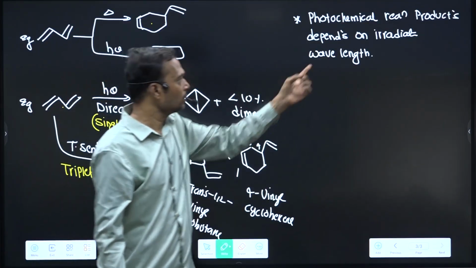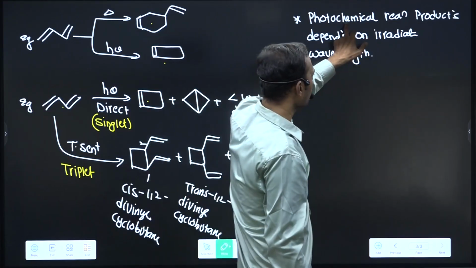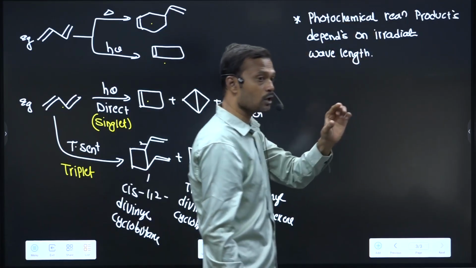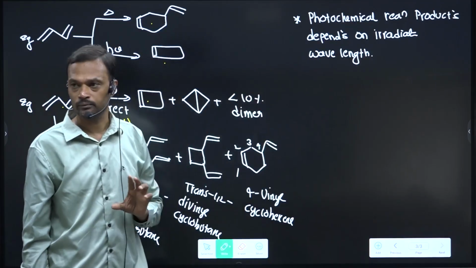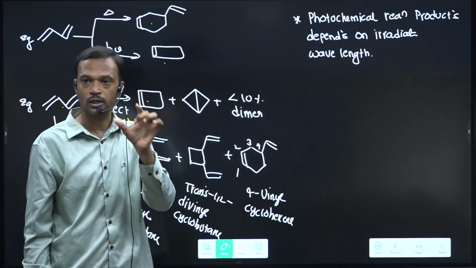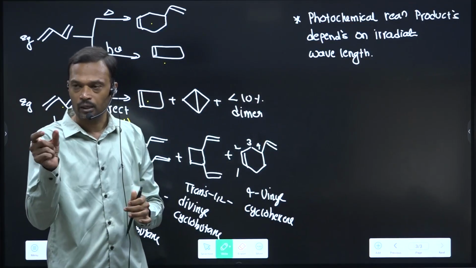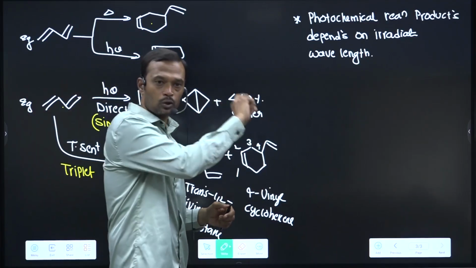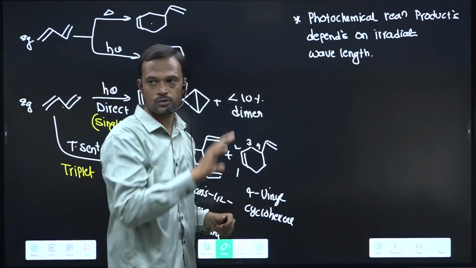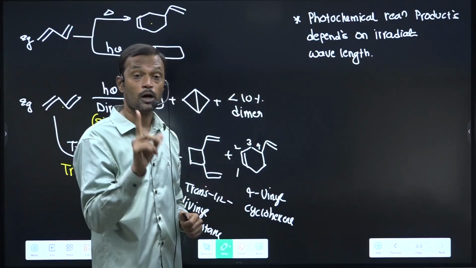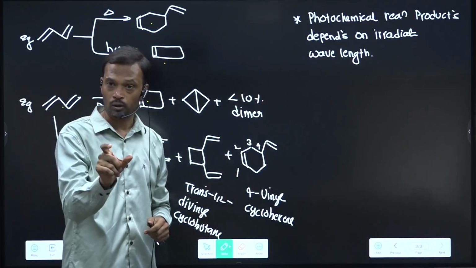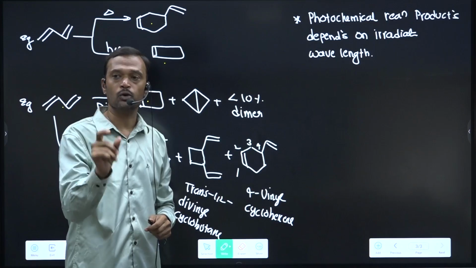So before irradiating any molecule, first you record the spectrum of that particular molecule in UV. Wherever the transition takes place, take that lambda, use that lambda on the molecule, then you will get different products. Without knowing the proper UV spectrum of the given molecule, it is impossible to get photochemical reactions.